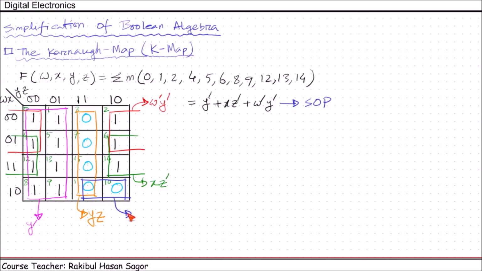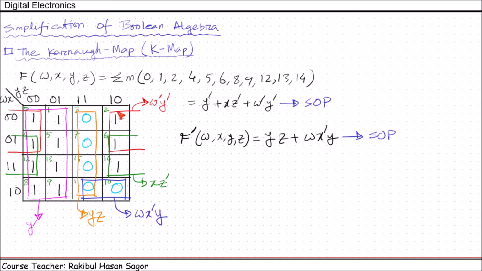And the name of this blue box is w equal to 1, x equal to 0, so wx prime, y equals to 1, y equals to 1, so we'll write y, z equals to 1, z equals to 0, so we will ignore z. Now the complement of this function f prime, w, x, y, z, in simplified SOP form can be written as yz plus wx prime y. This is also in SOP form.